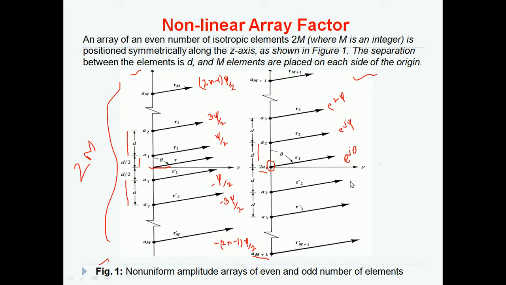Likewise on the other side we have e to the power minus j psi, and so on, till e to the power j (M minus 1) psi.